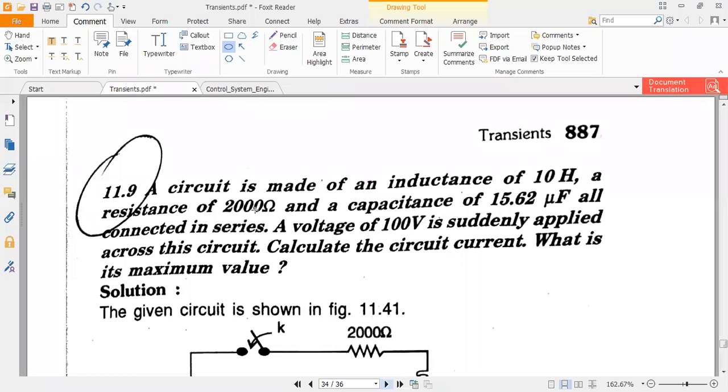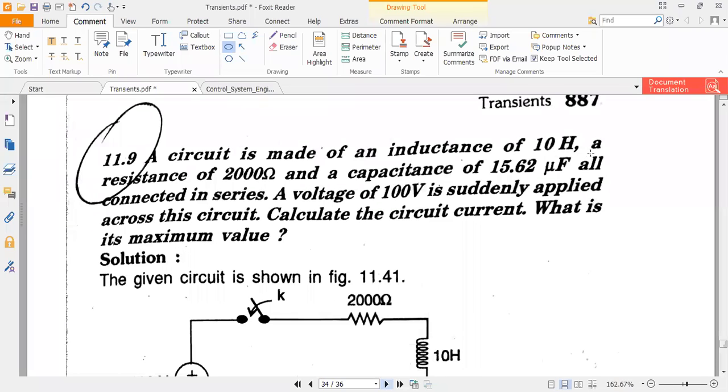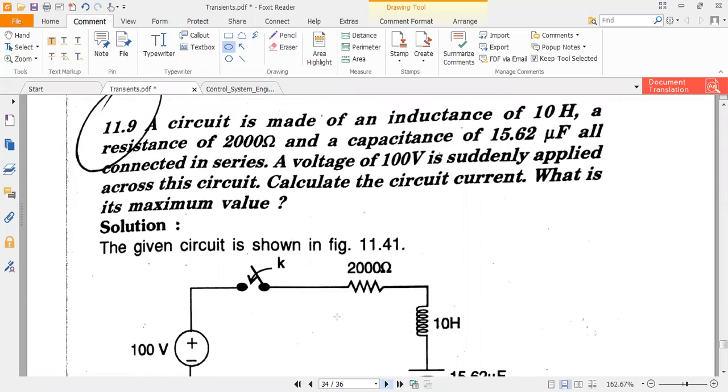So here, see, the circuit is made up of an inductance of 10 henries and a resistance of 2000 ohms and a capacitance of 15.62 microfarads, all connected in series. So which means this is a series RLC circuit, and a voltage of 100 volts is suddenly applied across this circuit, and calculate the circuit current and what is the maximum value of that circuit current.